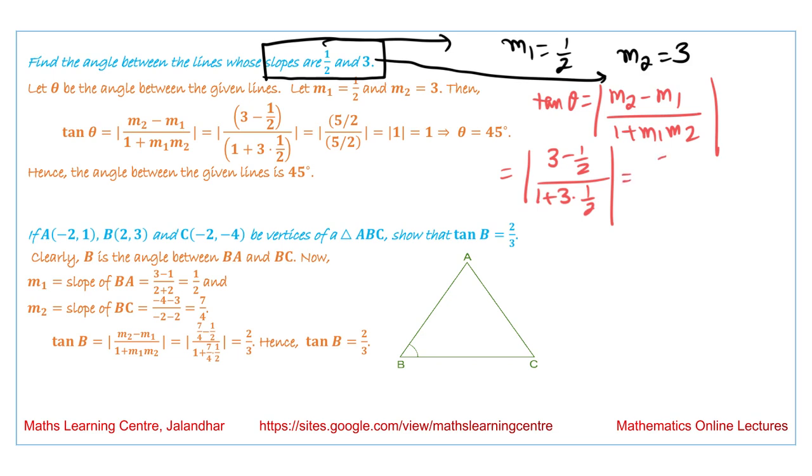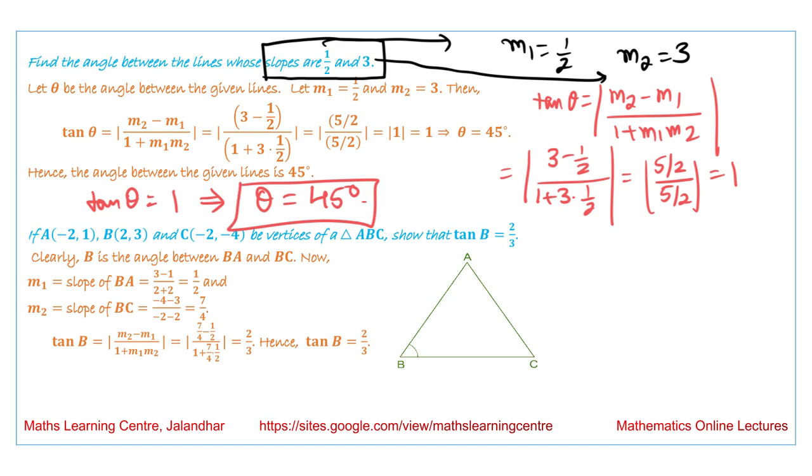This is equal to mod of (5 by 2 divided by 5 by 2), which is equal to 1. So the value of tan theta is equal to 1.